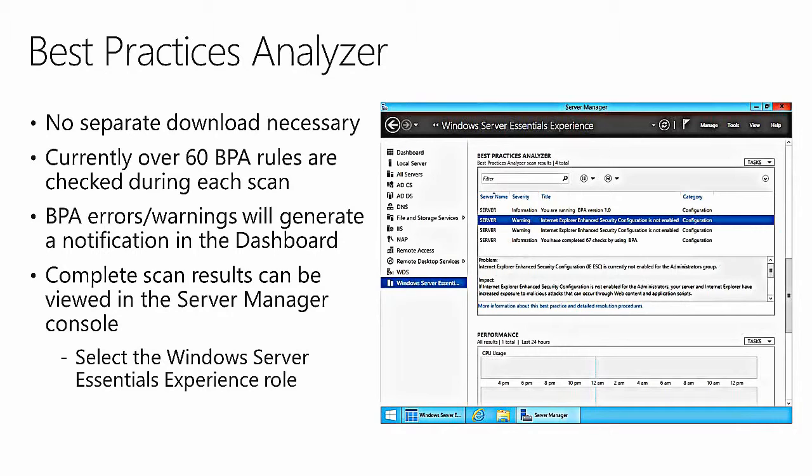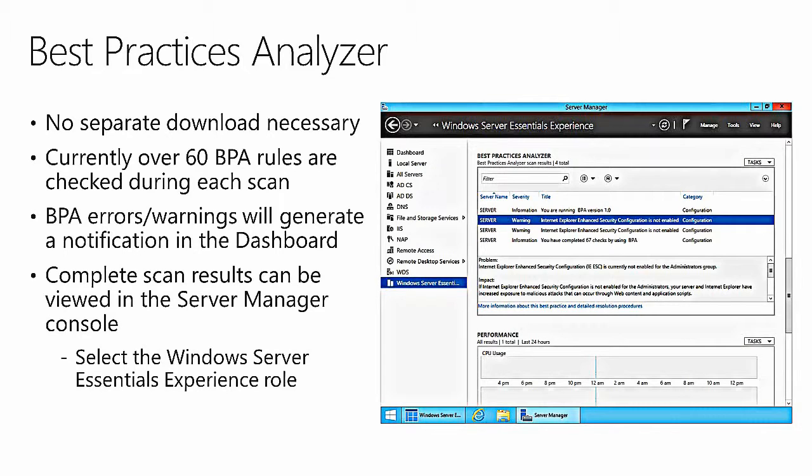We also have integration with the best practices analyzer. So this is being integrated and exposed more through the Server Manager console across all the editions of Windows Server. So in the past, it was necessary to download the best practice analyzer or the BPA separately. And now that's no longer the case because it's integrated right into Windows Server.